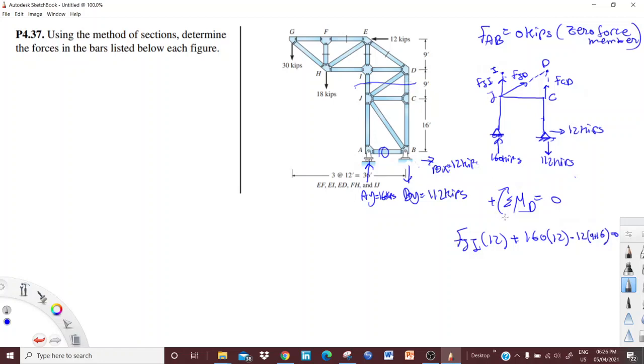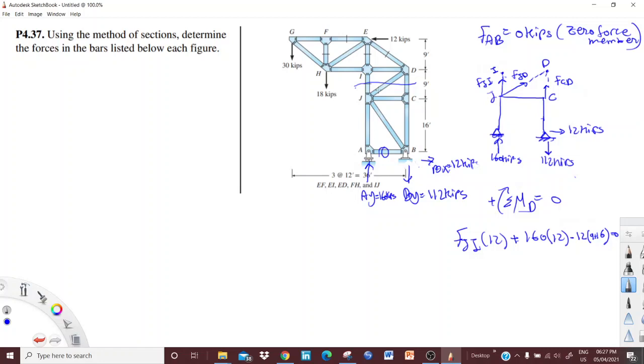However, if you find the force of FJI, it will be collinear with the force of EI. So everything in this question is going to be collinear.